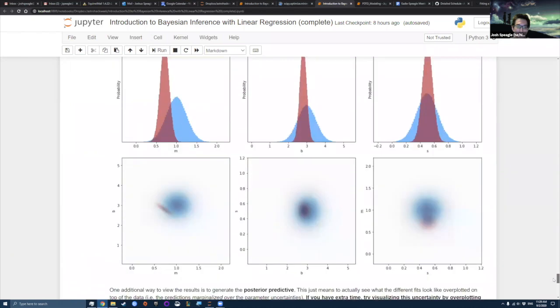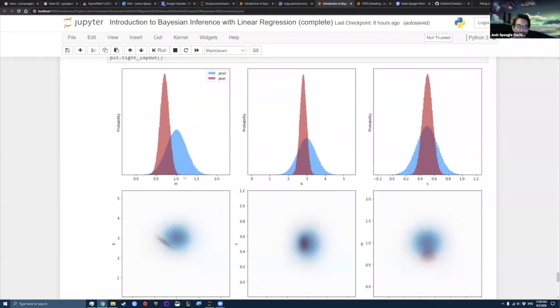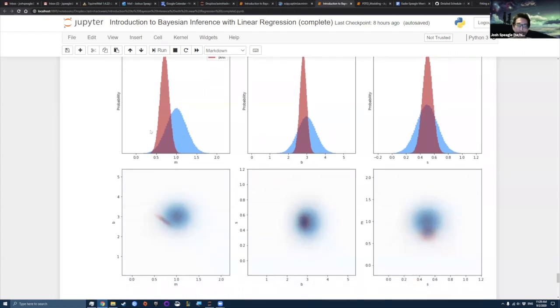And so down here, I've plotted the starting values I've assumed from the prior, shown in blue. And after running this analysis, the uncertainties estimated from our minimization algorithm are shown here in red. This is shown both in 1D up here, and the 2D distributions between each of the individual parameters are shown down below.